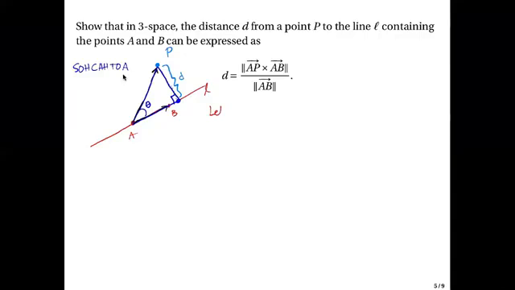So we let the vector u be the vector AB. So remember this black part here, from A to B. And then we let v be the vector AP, so from this point up to that point.